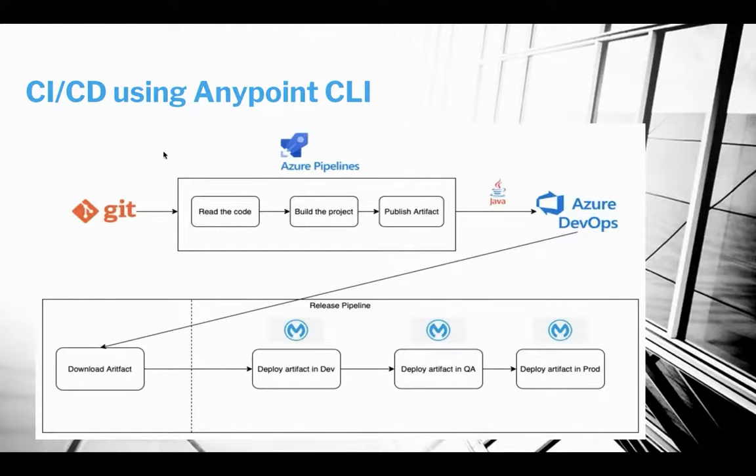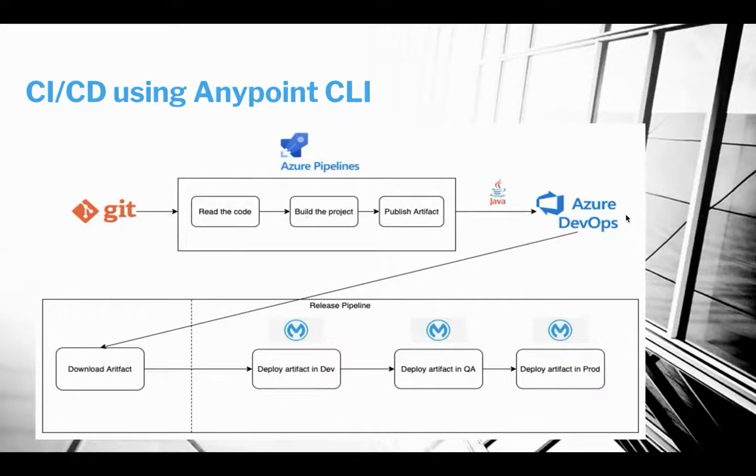So the entire CI/CD process in DevOps would work like this: you'll have a Git repository. It can be an Azure DevOps repo itself, or it can be GitHub. Anything is fine. The pipeline would read the code from GitHub, build the project, and publish the artifact into Azure DevOps.